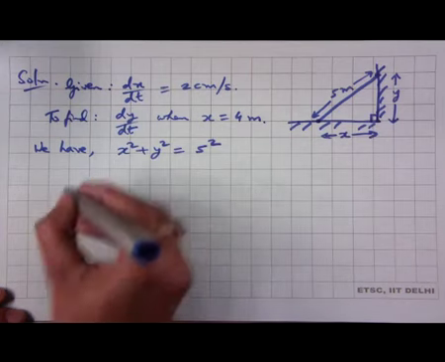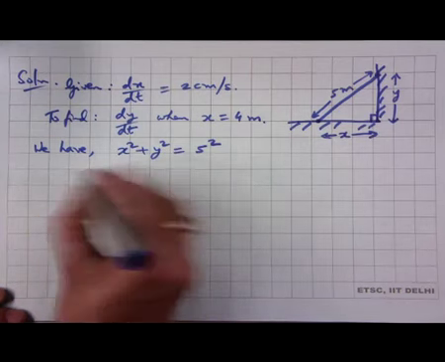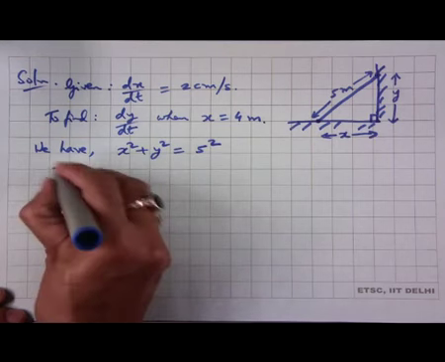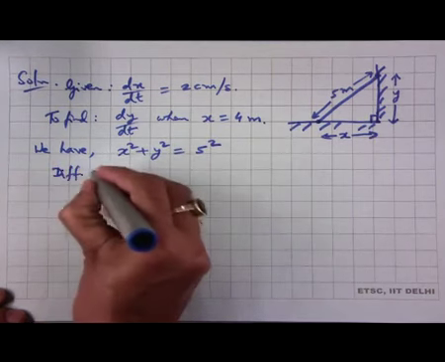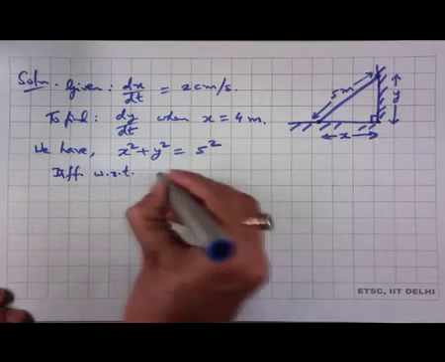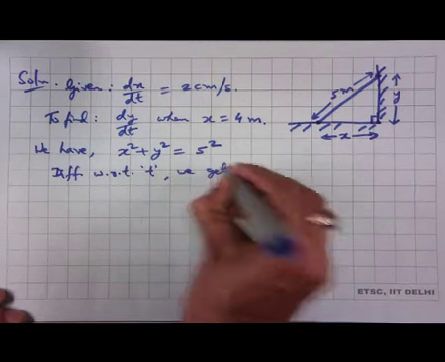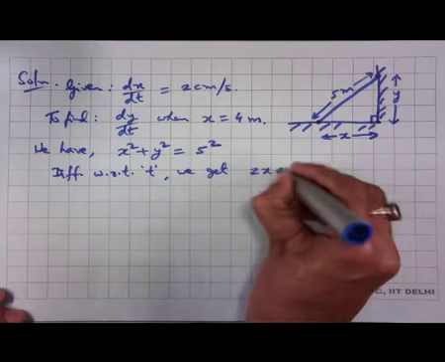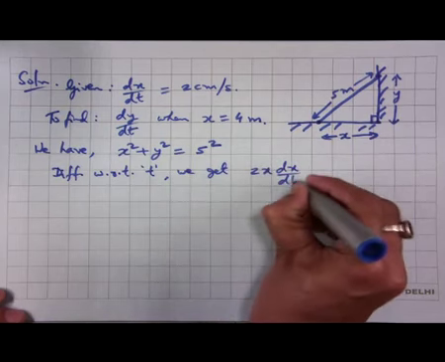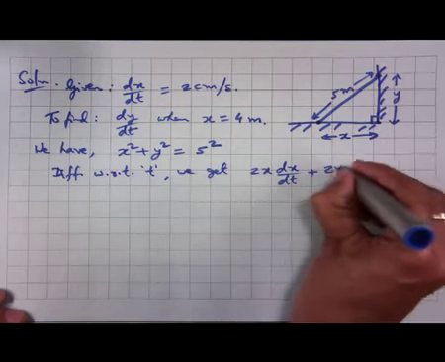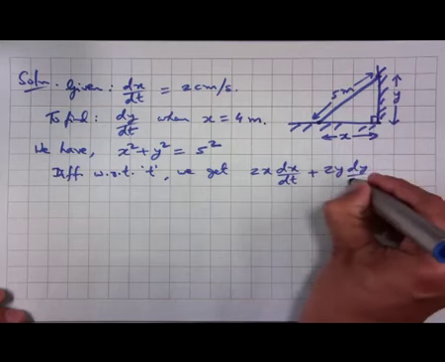So, if we differentiate this with respect to time, we get 2x dx/dt plus 2y dy/dt.